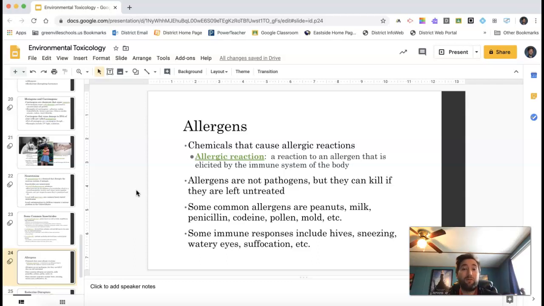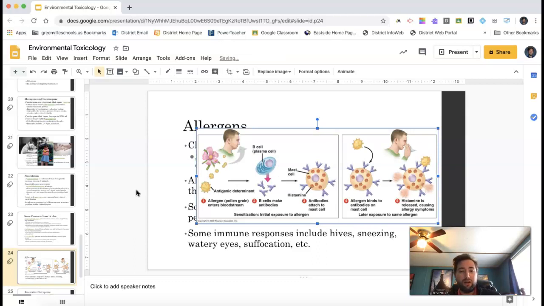And this whole immune response is detailed in this picture here, where you basically are exposed to some allergen. B cells are a type of immune cell in your body. They make these antibodies, and the antibodies attach themselves to this mast cell. And then as your body slows down the allergen, your body then releases this chemical called histamine.